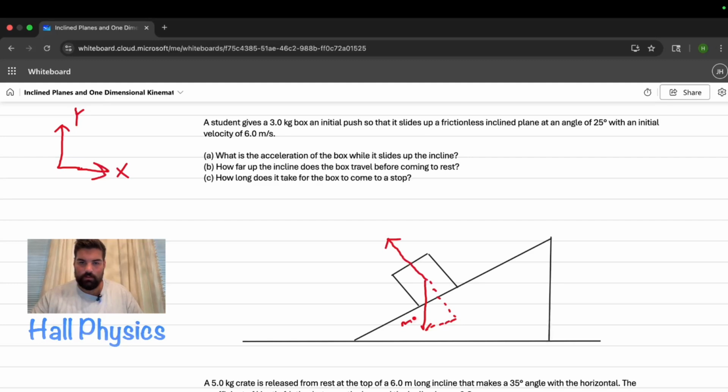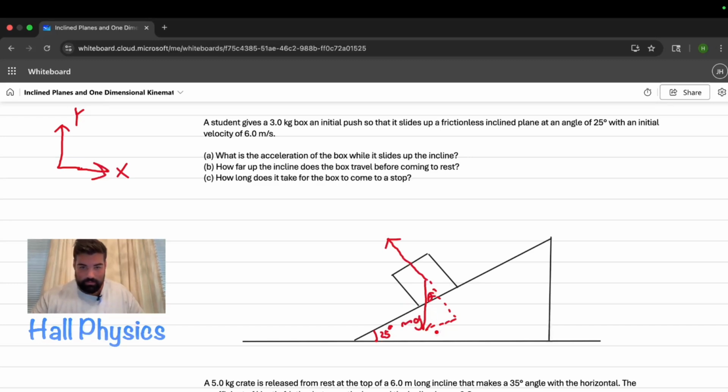Okay, this is going to be mg. All right, this will be mg sine. We'll put theta here. That is theta. Theta is going to be 25 degrees.